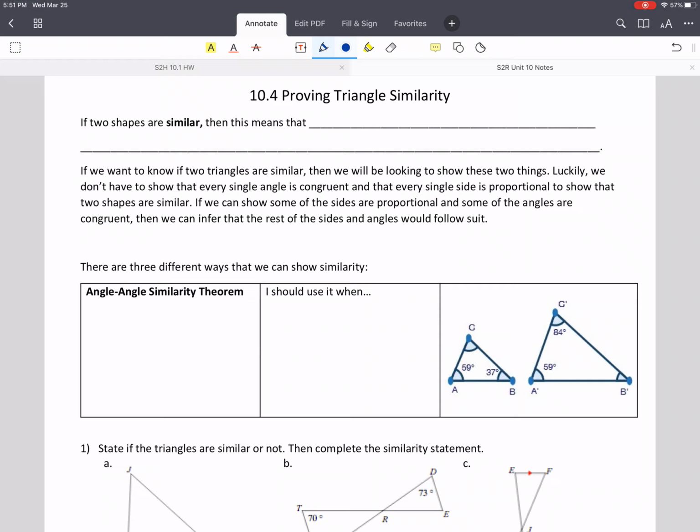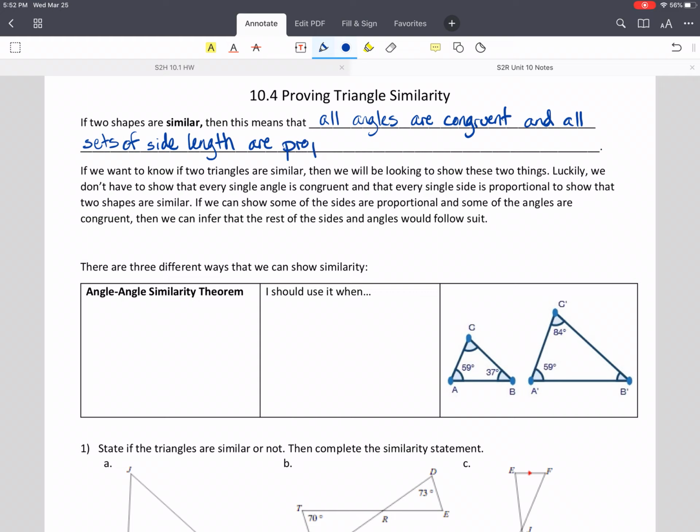Okay, so first thing, in order to determine if two shapes are similar, we have to know what it means for shapes to be similar. So if two shapes are similar, this means that all angles are congruent, and all side lengths, or all sets of side lengths, are proportional.